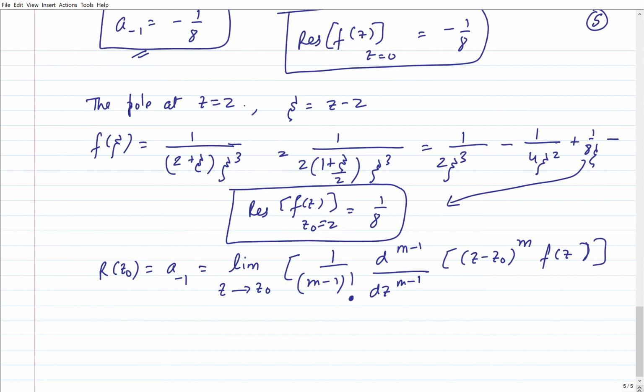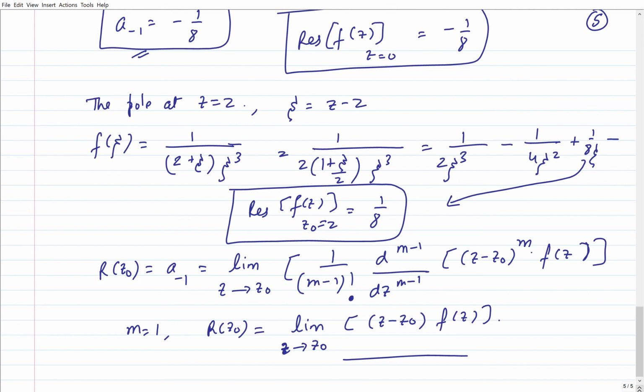That's the expression for the residue, and here m is the order of the pole. So for m equals 1, this formula reduces to this.